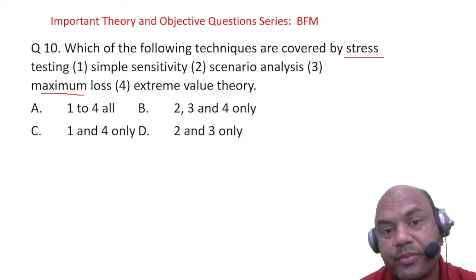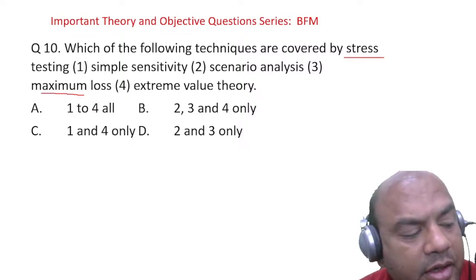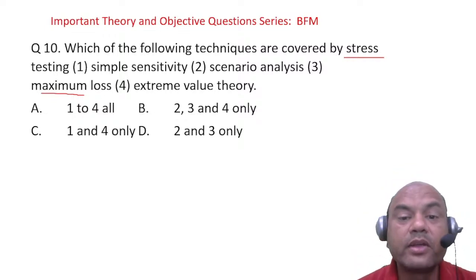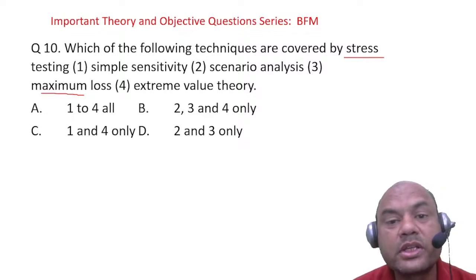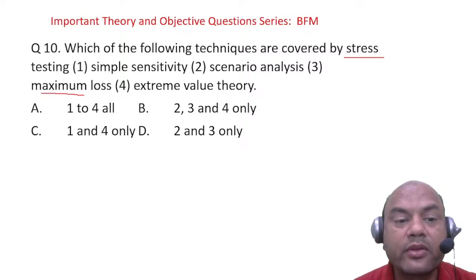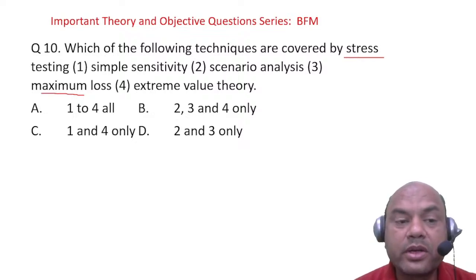That conservative concept is similar to this maximum loss theory. So the correct option is 1 to 4 all.